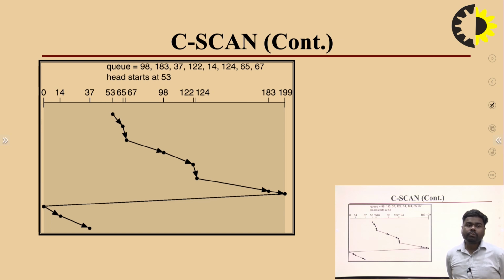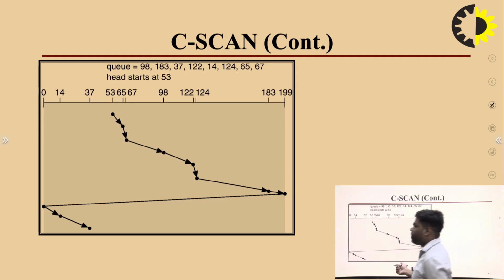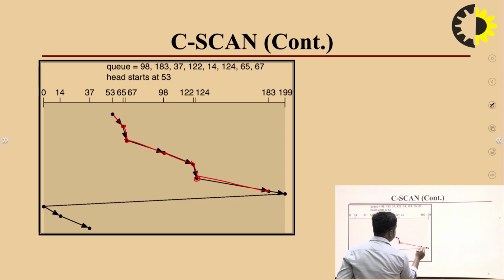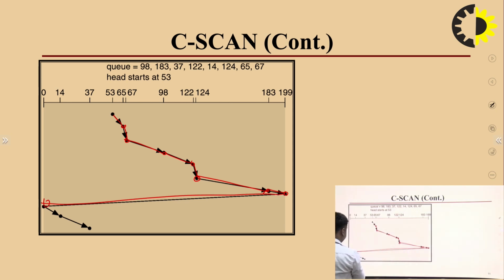It will go to 199 and then again to 0, and then start the disk scheduling. The head goes 53, then 65, 67, 98, 122, 124, 183, and after 183 all the values are on the right side, so it will end at 199 and again go to 0.